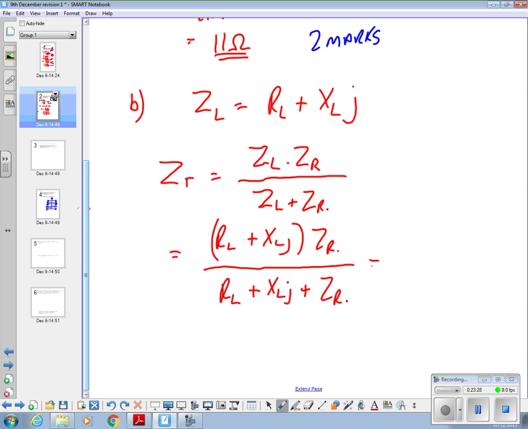And now we can put our numbers in. RL was 16 plus 11j. We're going to multiply that by the 34 ohm resistor and divide that by 16 plus 11j plus 34.